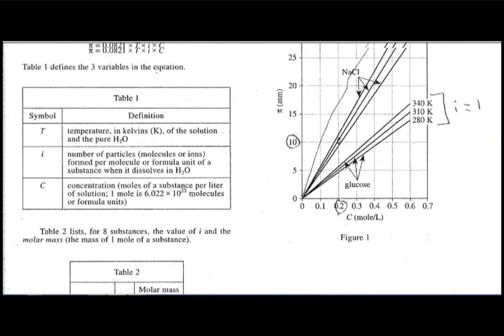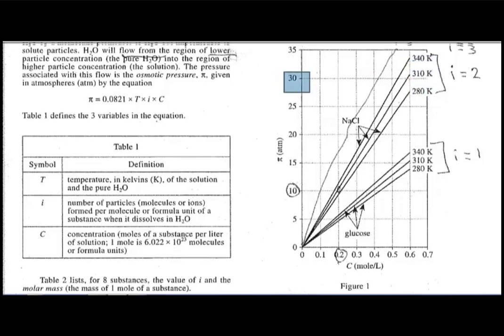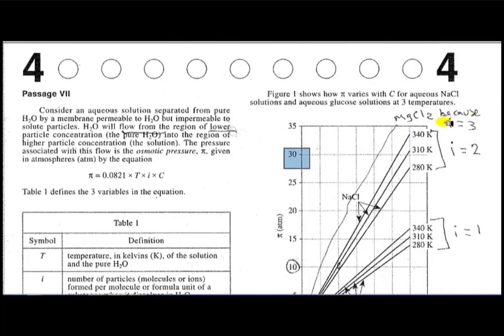If 1 particle at 340, I value 1 is 15, and 2 particles at 280 to 340 is 30, then an I value of 3 would probably be up here at 3 times 15 or 45, be up here.